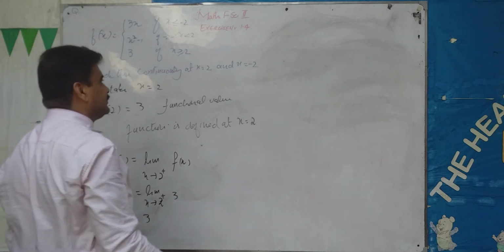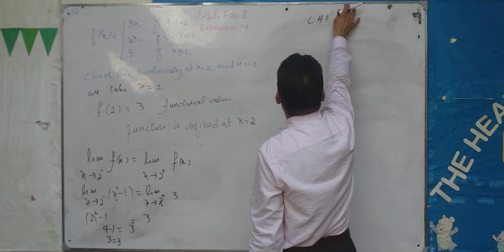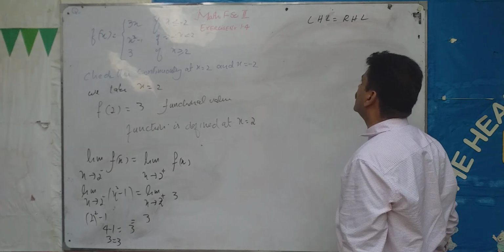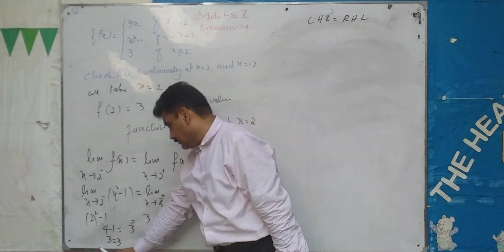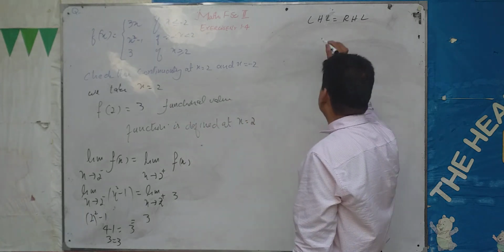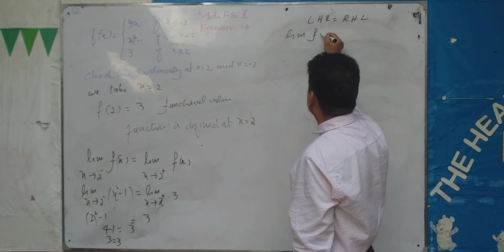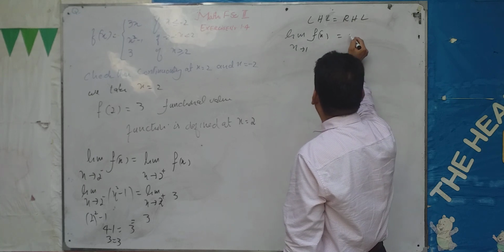It means left hand limit is equal to right hand limit. So both limits give the same answer. We write limit exists. Limit of the function when x approaches 2 exists.